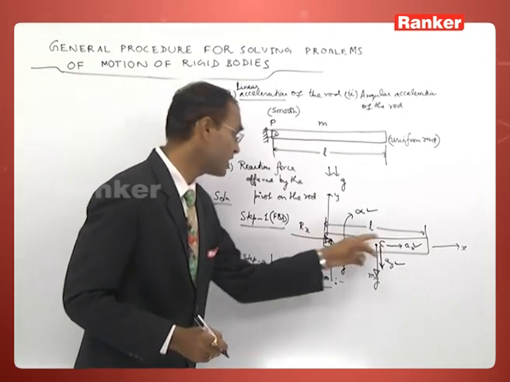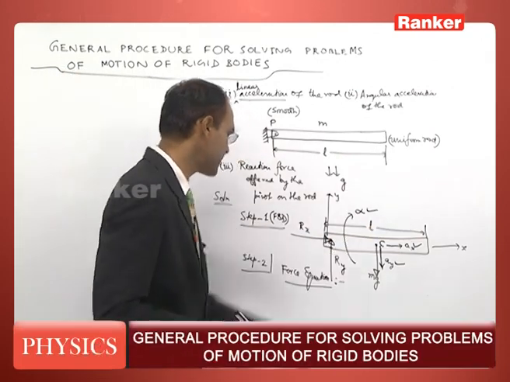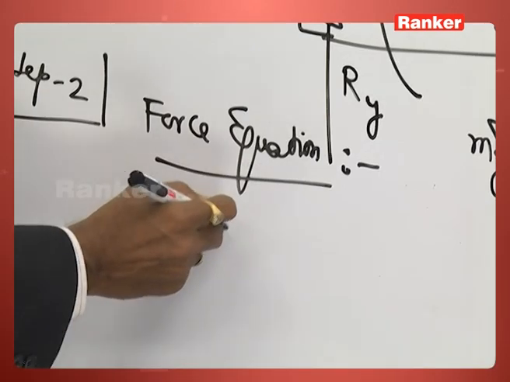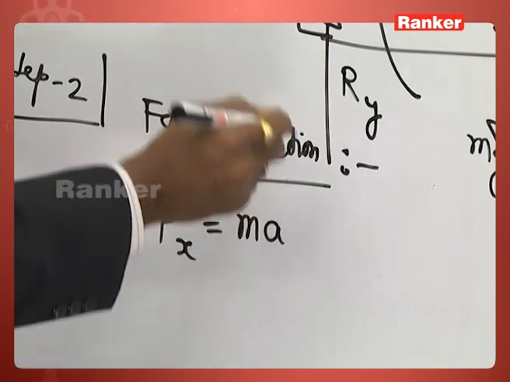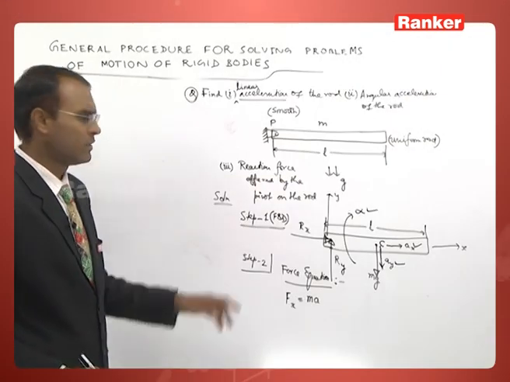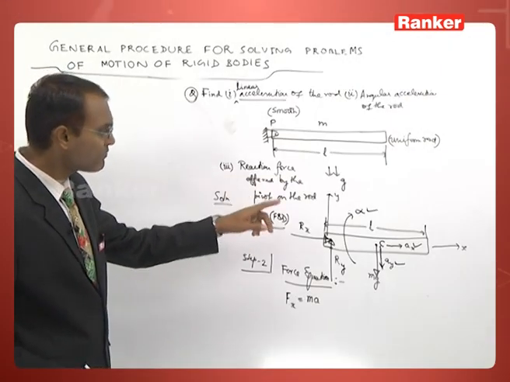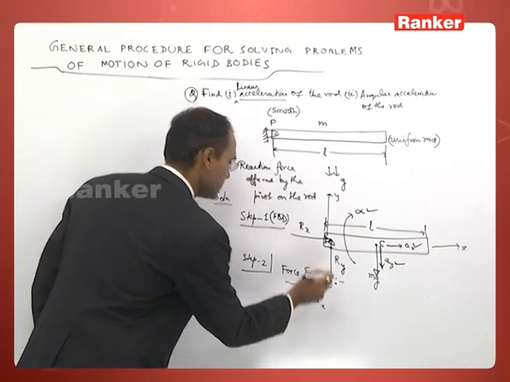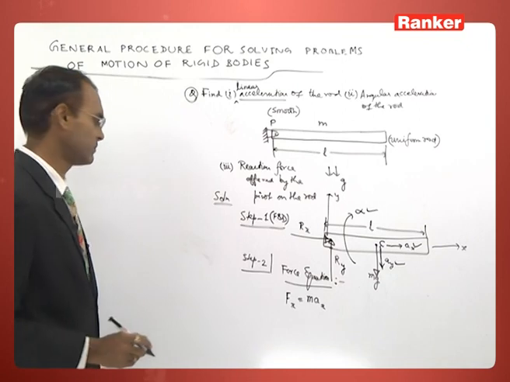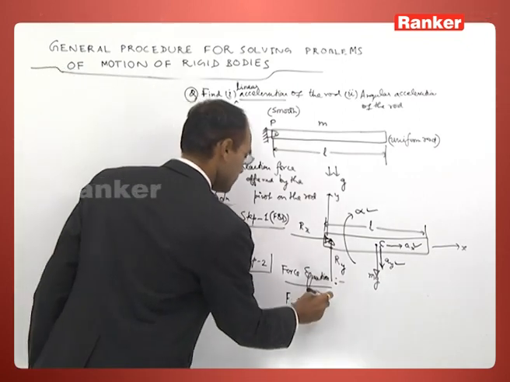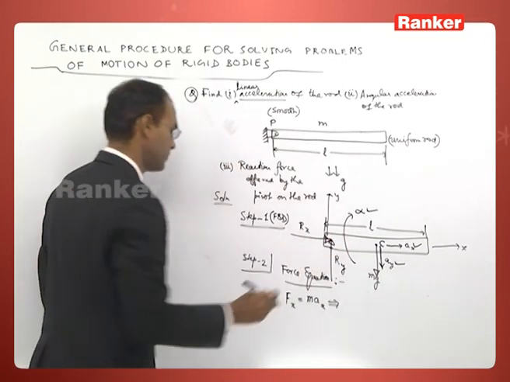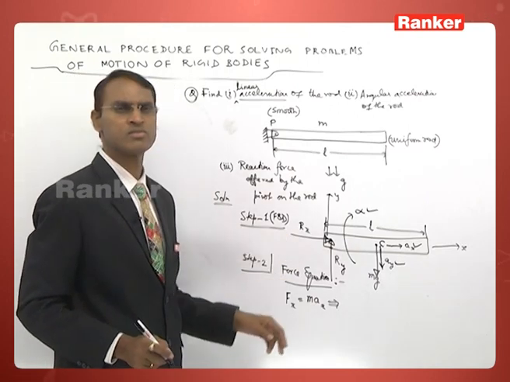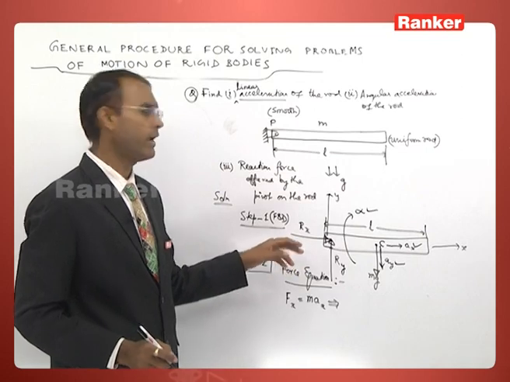The net force acting on the rod along x direction, that is Fx, is equal to mass times the acceleration of the center mass of the rod along x direction, that is Ax.